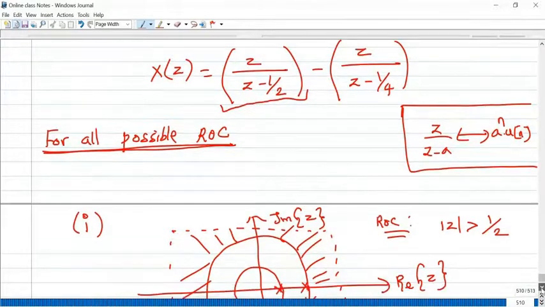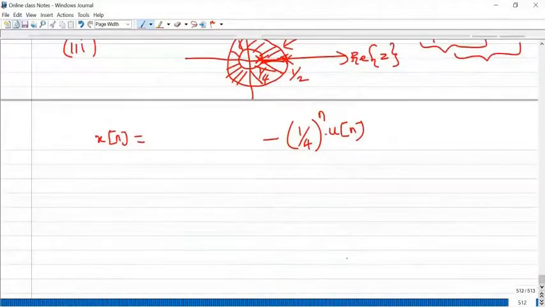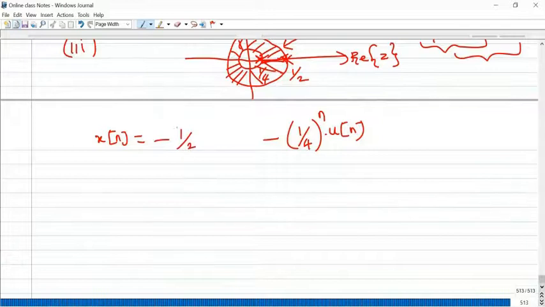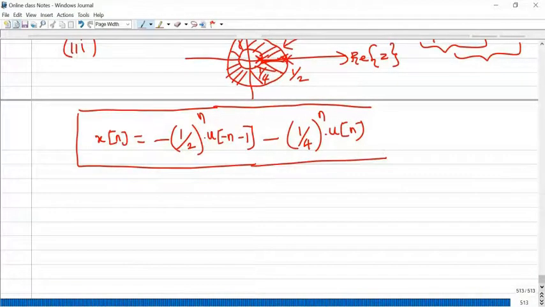Minus A power n U of minus n minus 1 format. So minus 1 by 2 power n U of minus n minus 1. So this is your result for ROC between two circles.